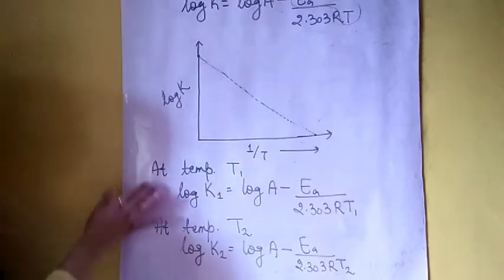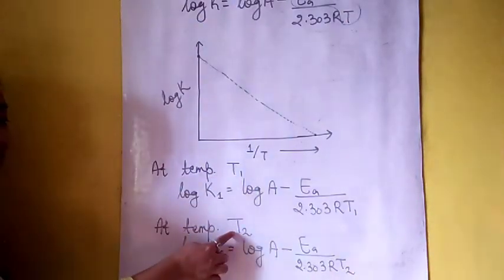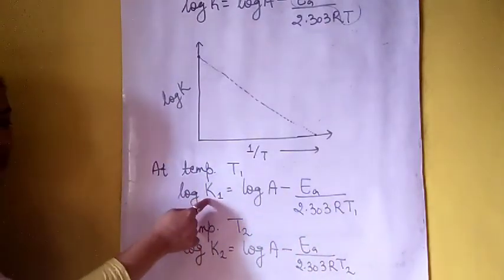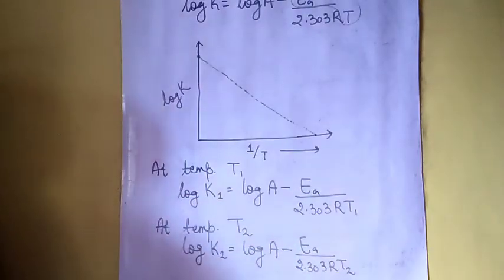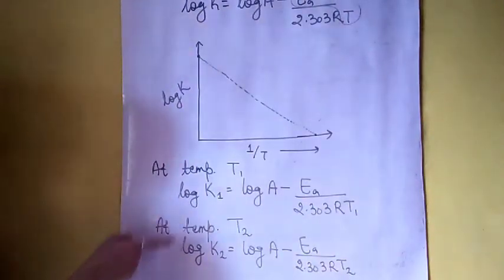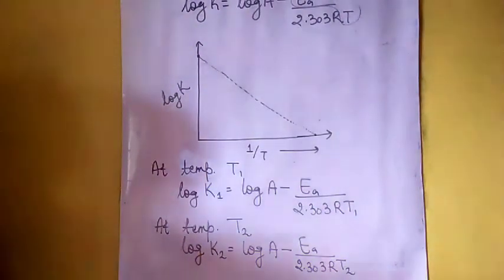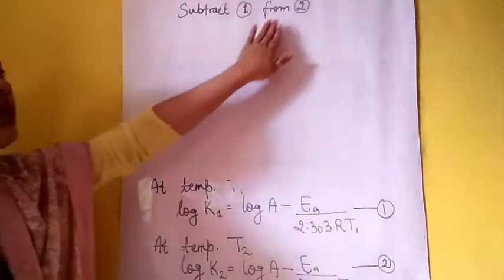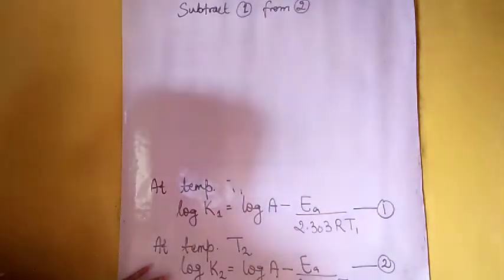So these are two equations for the different temperatures T1 and T2 where the rate constants are different, that is K1 and K2, right? Now if we subtract equation 1 from equation 2, what will it become? So this is equation 2.